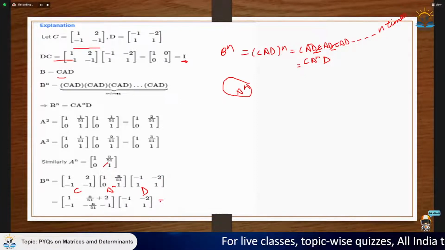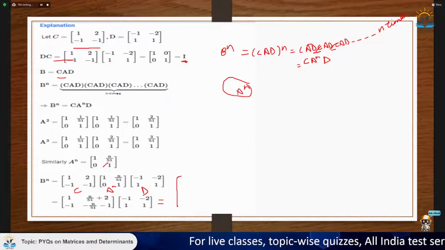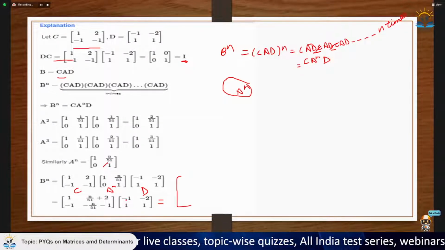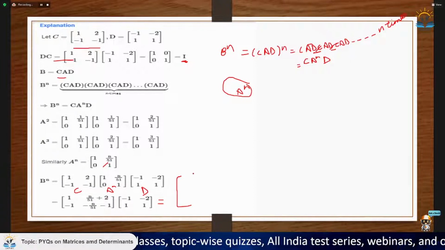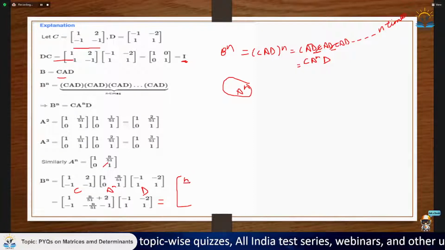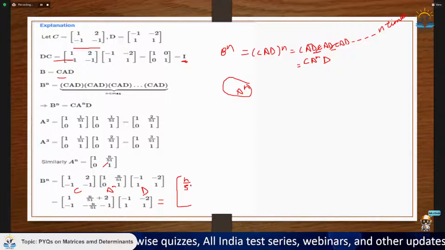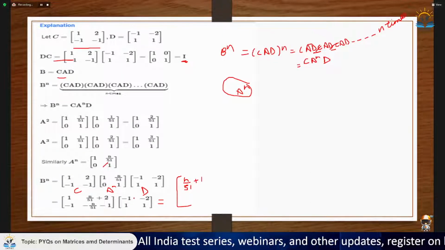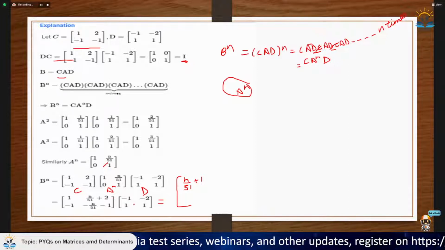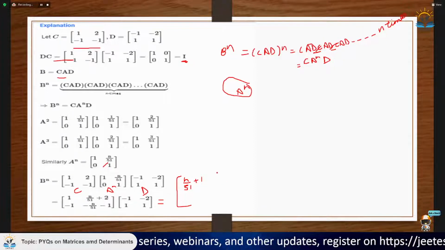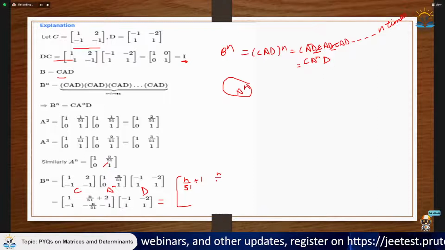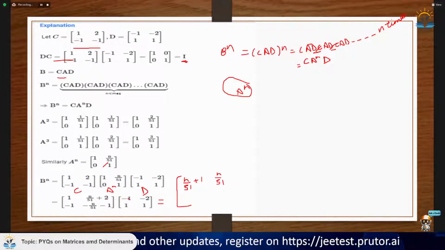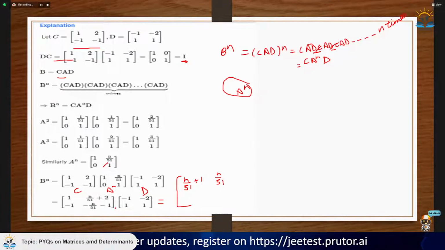This thing multiplied by this thing. So what you will get? You will be getting 1 into minus 1 plus this thing. So basically minus 1 plus 2 would be plus 1. So n by 51 plus 1. Then the second element would be minus 2 plus one thing. So minus 2 plus 2 will get cancelled and you will be getting n by 51. Then minus 1 into minus 1 will be 1, 1 plus this thing.